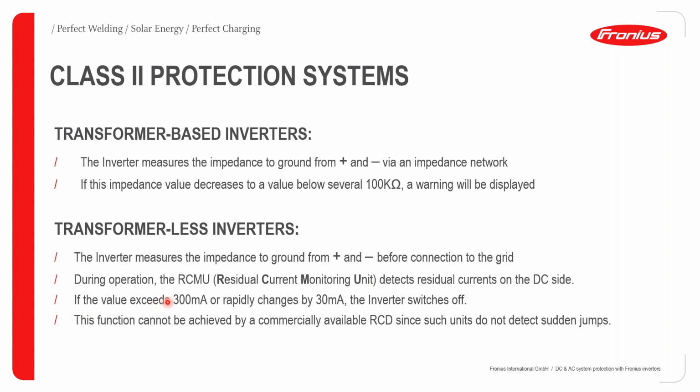During this operation, the RCMU, what we refer to as a residual current monitoring unit, which is by default integrated in a transformerless inverter, detects the value of the residual current on the DC side. If this value of the residual current is above 300 milliamps or is rapidly changing by steps of 300 milliamps, then the inverter, by grid code operations, is required to switch off.